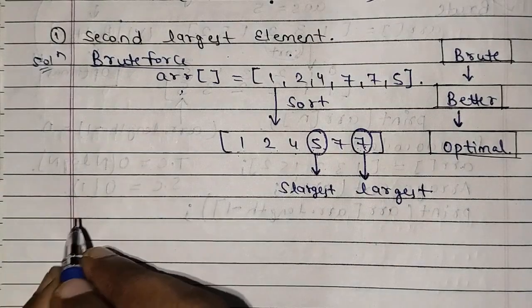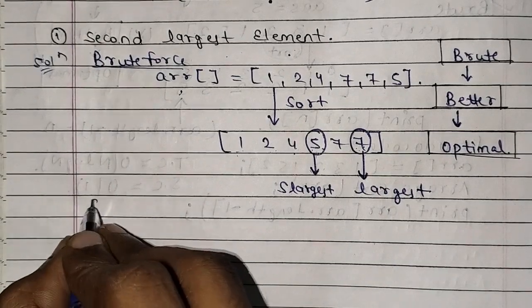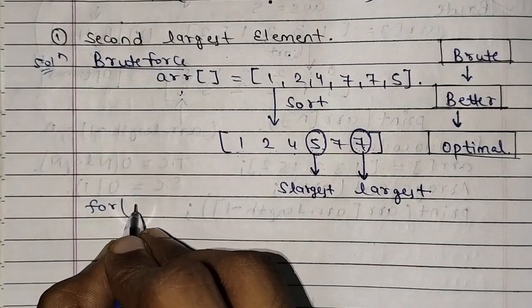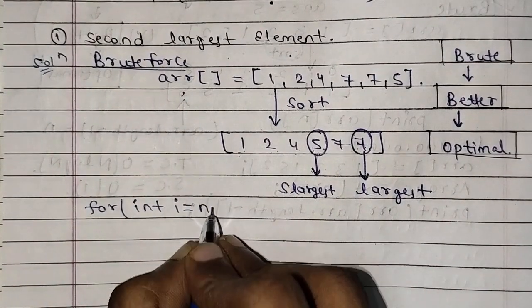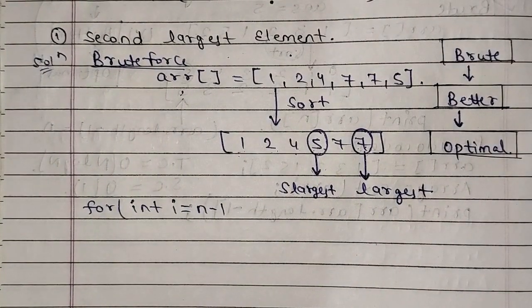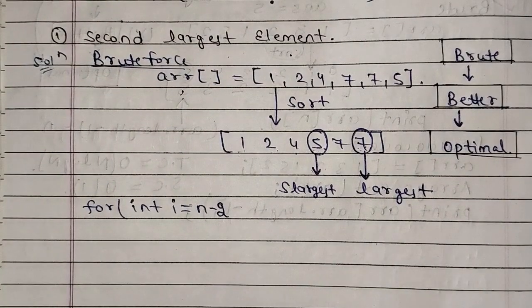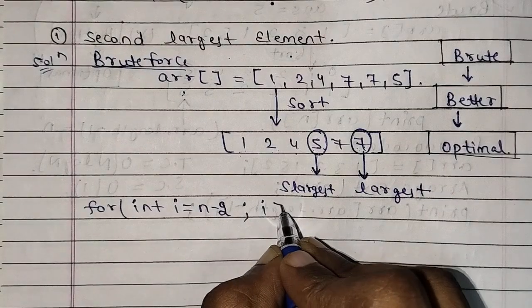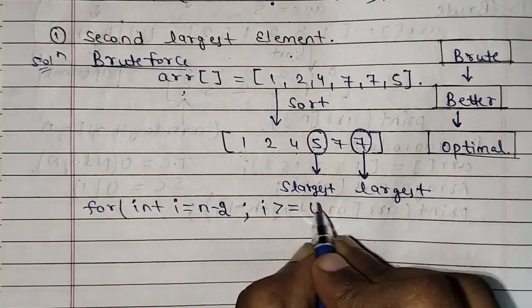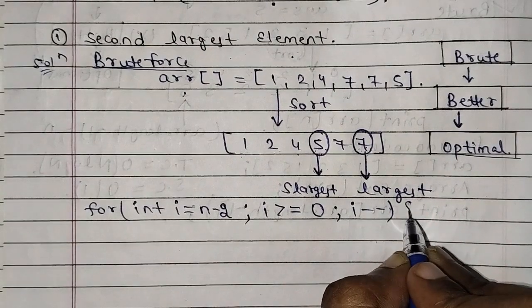So what is the code for this? We have to traverse the array with for int i equal to n minus 1, n minus 2, sorry, while i is greater than or equal to 0, i minus minus.